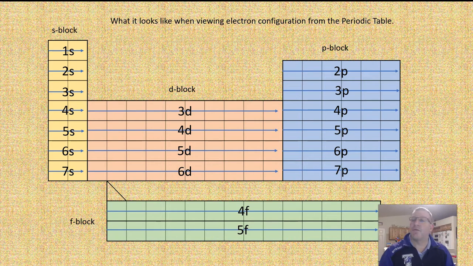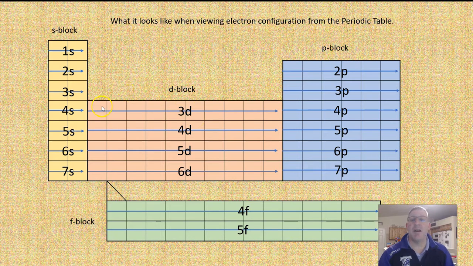This is where the rules start to get a little confusing if you utilize the periodic table method for identifying your electron configuration. After the 4s, if you notice, now all of a sudden we jump into the 3rd energy level, D sublevel.